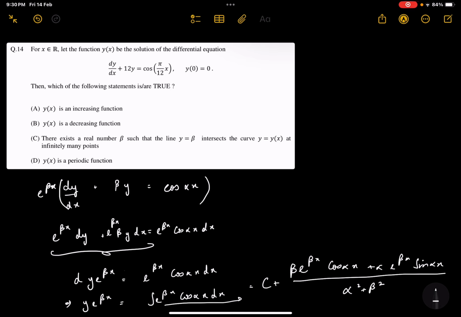So we get y equals c e to the power of minus beta x plus (beta cos alpha x plus alpha sin alpha x) on alpha square plus beta square.